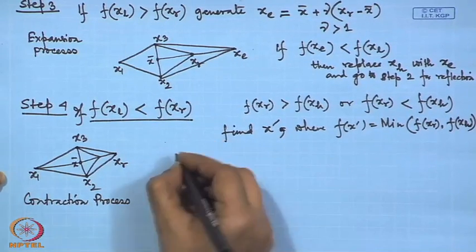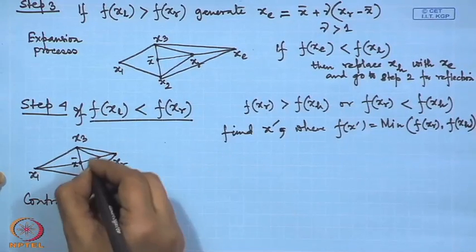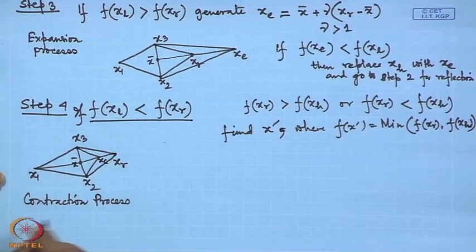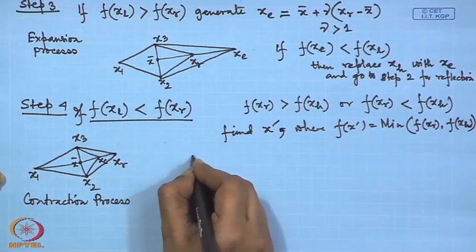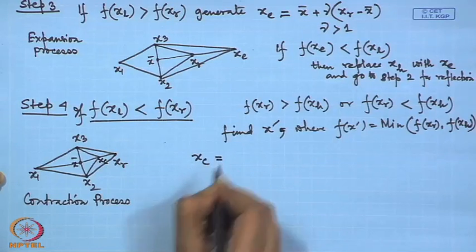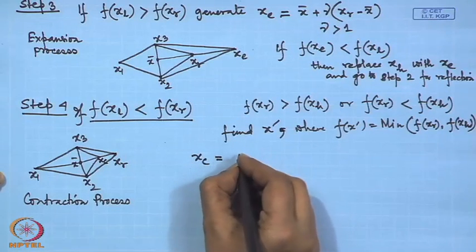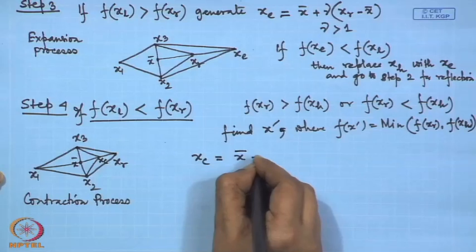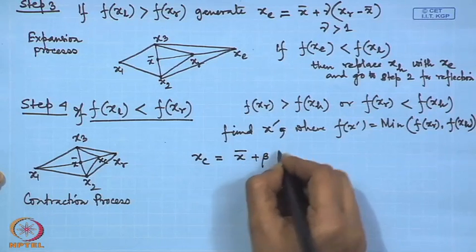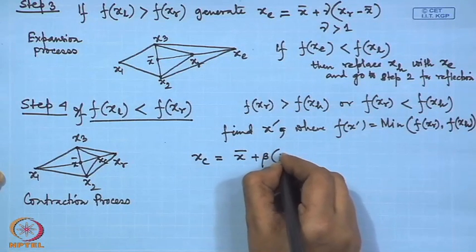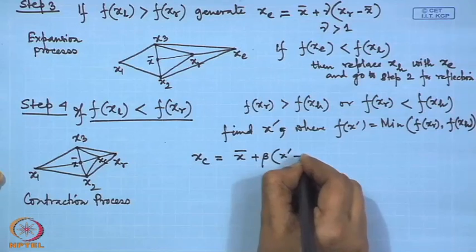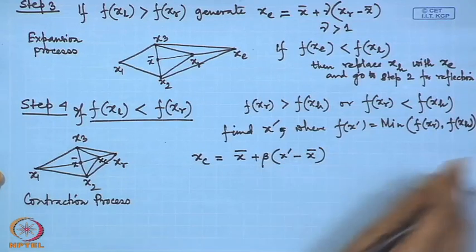Now, we will find out in the contraction process, that is my xc. We will find out the xc in such a way that it will depend on the contraction parameter in this way: x bar plus beta into x prime minus x bar.